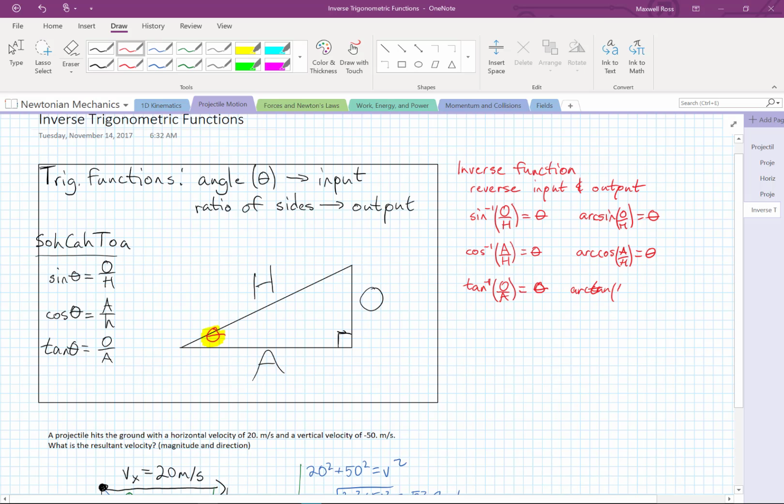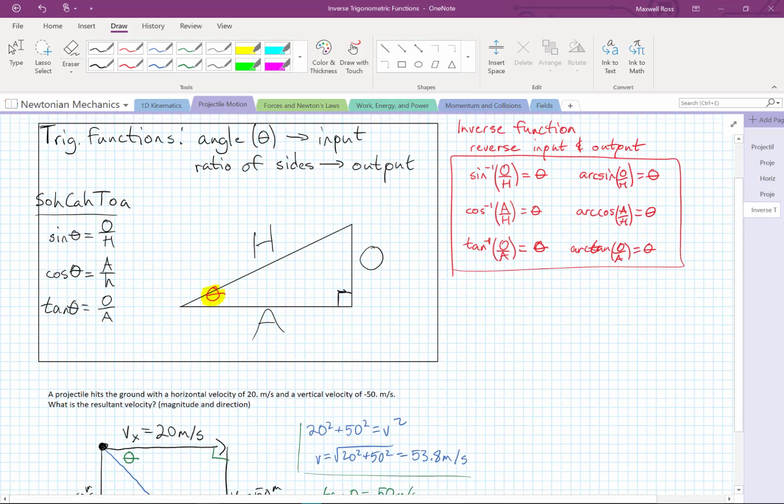Arctan of opposite over adjacent equals theta. So these are our trig functions. Notice we can still use SOHCAHTOA to do this. The inverse sine of opposite over hypotenuse is just theta. So if we want an angle as an output, we just use an inverse trig function.